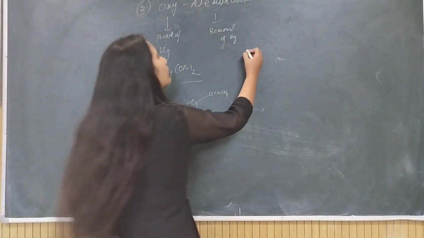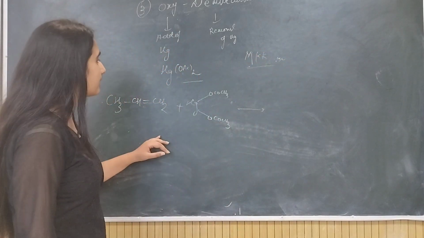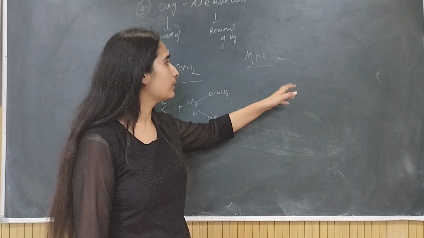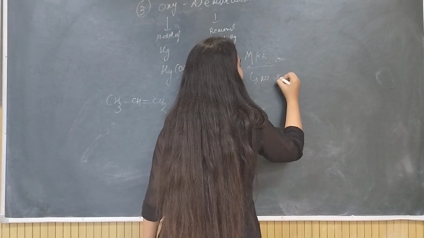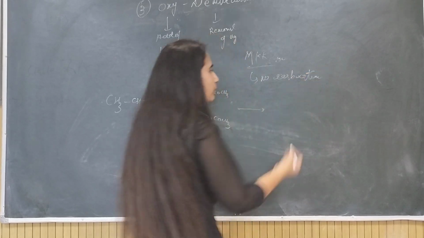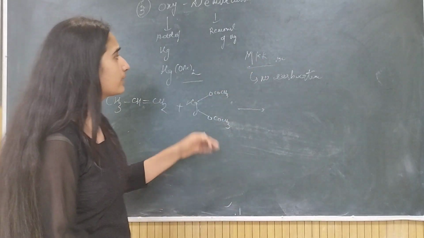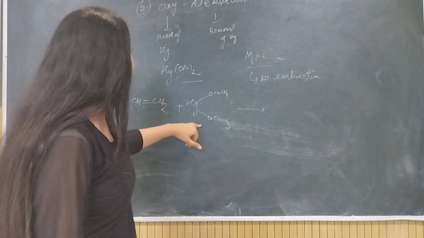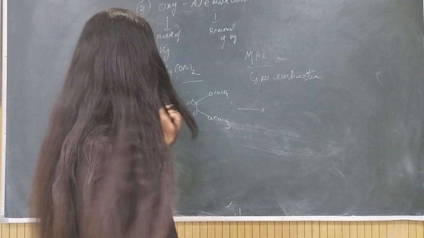So it will follow Markovnikov's, but it doesn't completely follow Markovnikov's rule. How? No carbocation formation takes place. If there is no carbocation, so no rearrangement, then why are we calling it Markovnikov's? Because it is following that the hydroxyl group will attach where the carbon contains less number of hydrogen in the double bond.